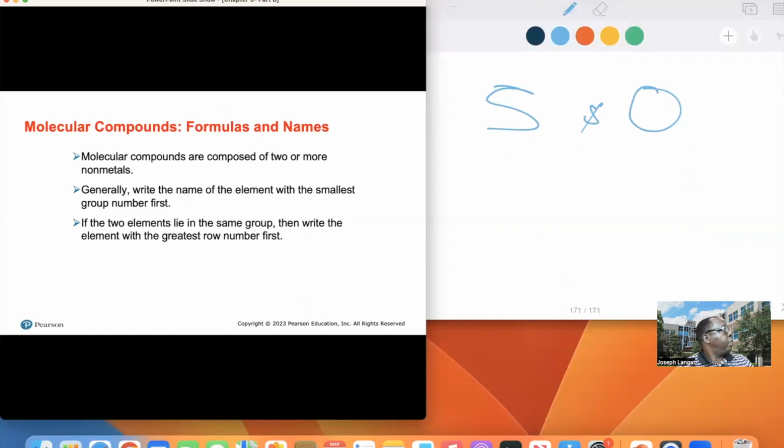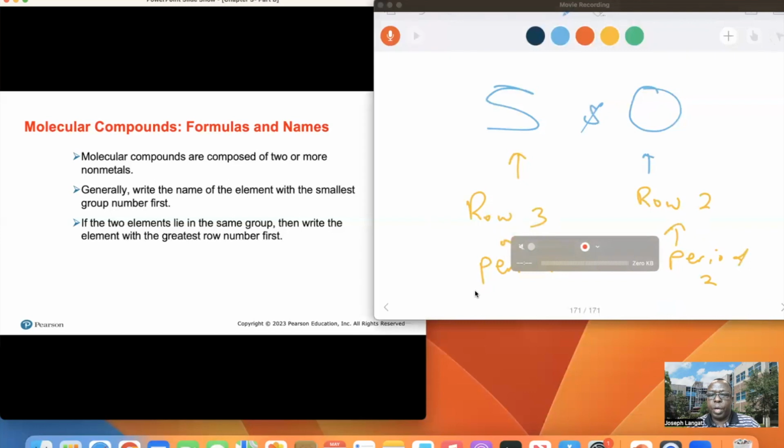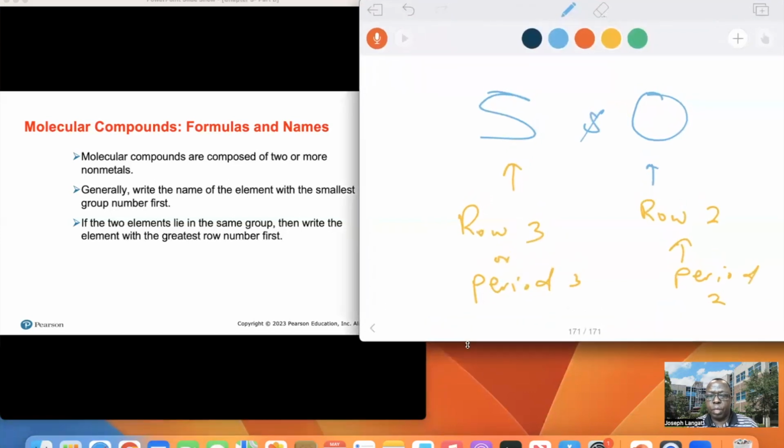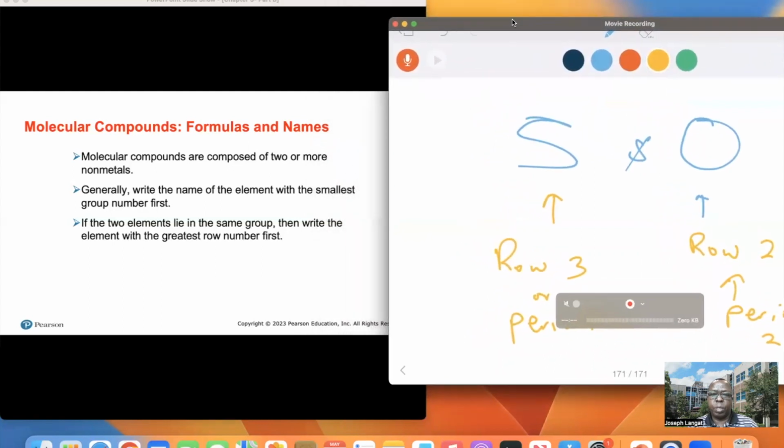Oxygen is in row 2, or period 2, on the periodic table, and sulfur is in row 3, or period 3. So we write the one with the greatest period number first.